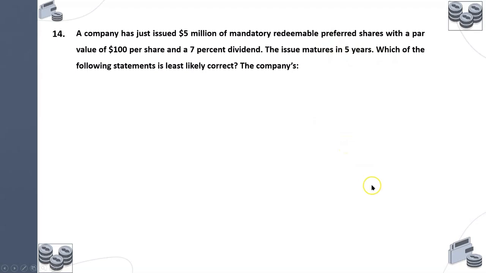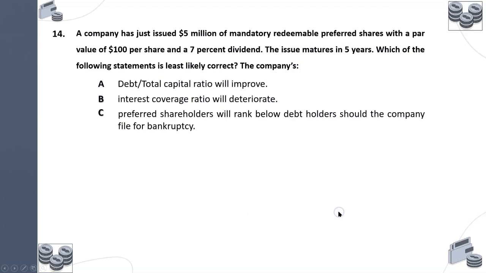So it is a liability with a par value of $100 and pays a 7% dividend. The issue matures in 5 years. Which of the following statements is least likely correct? The first answer is A: the debt to total capital, that is debt and equity, ratio will improve.